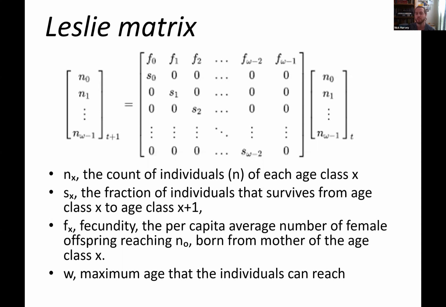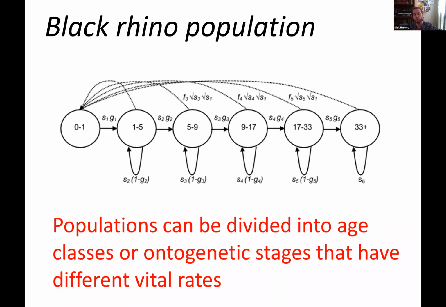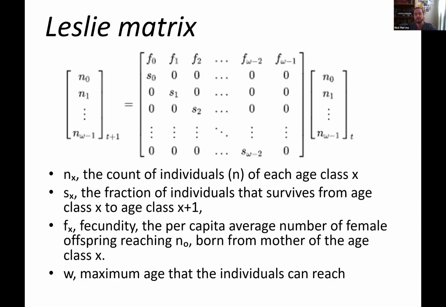So on the right-hand side here, we have these numbers n0, n1, down to nw minus 1, where w is the maximum age that an individual can reach. The numbers in here are the number of individuals in each age class. So say for our rhino population example, n0 is the number of individuals in the 0 to 1 age class at time t, so in any particular year.